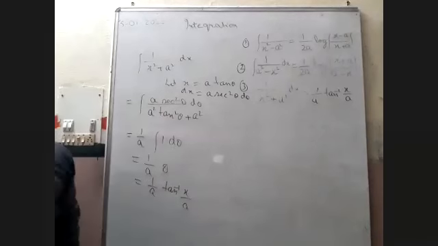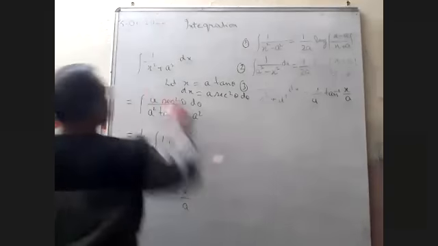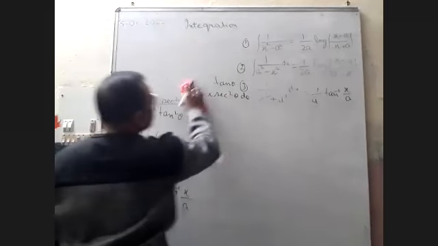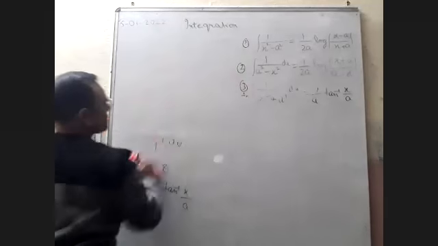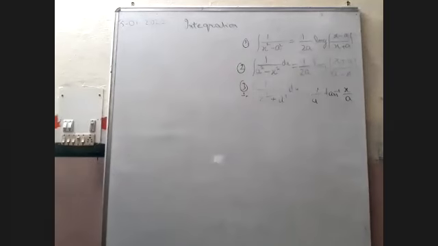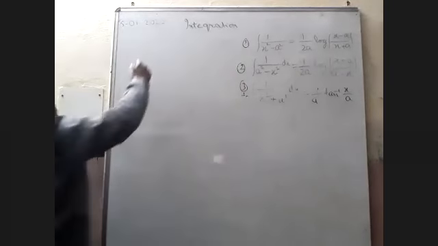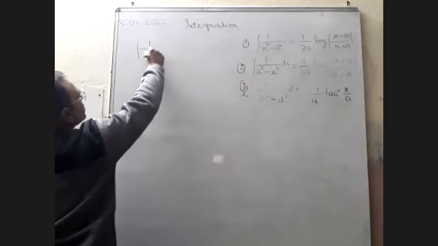See the next formula also, 1 upon root of x square minus a square.